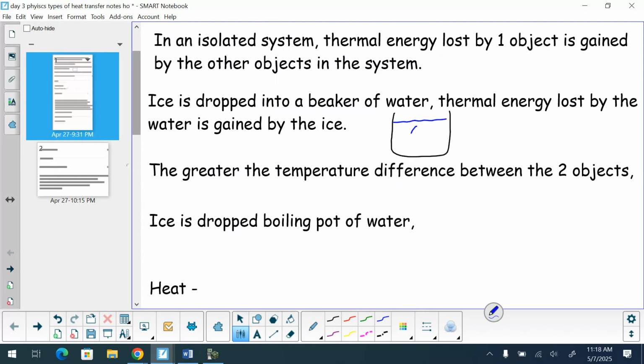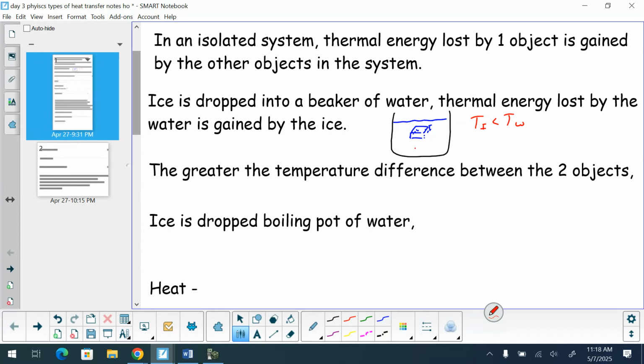So if we have an ice cube and some water, the temperature of the ice is less than the temperature of the water. So what will happen is we will have an interchange of thermal energies between these objects. Energy that's lost by the water will be gained by the ice cube.